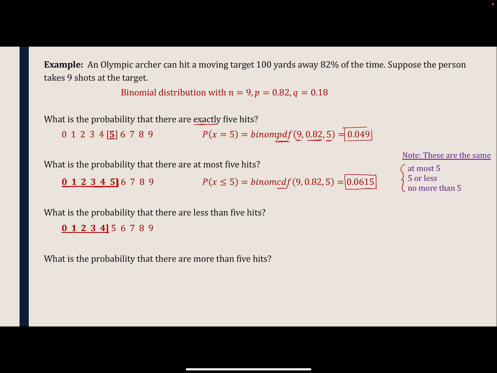So that is less than 5. We're still going to use the binomial CDF command because it uses the value and less than that, but we're not going to use 5. We're going to use 4 because the CDF command includes this number. So this says 4 or less, which is the same as saying less than 5.